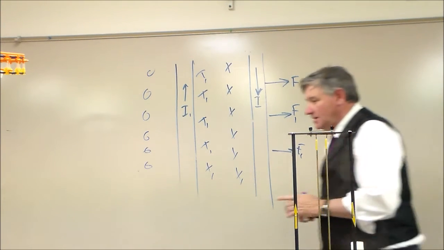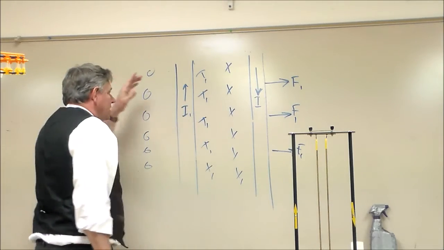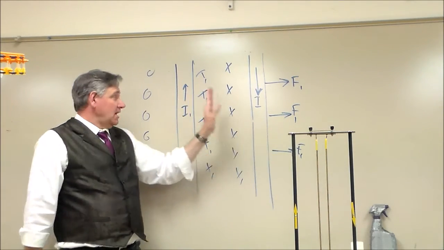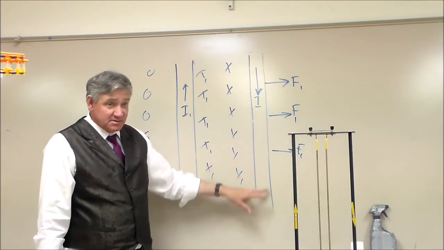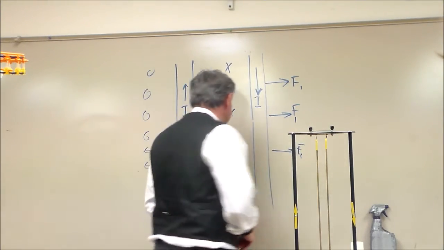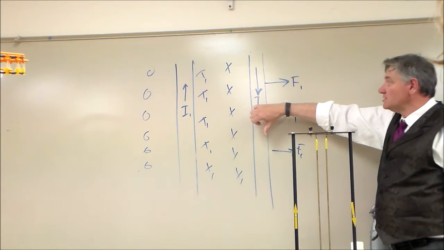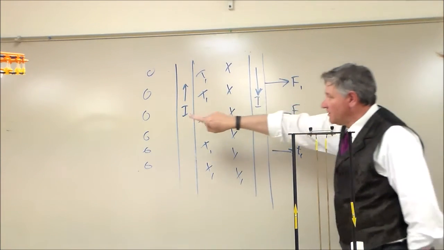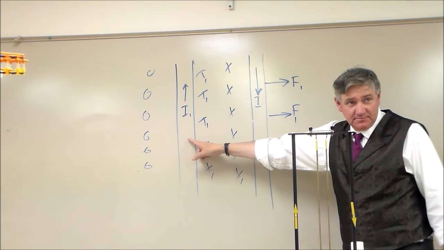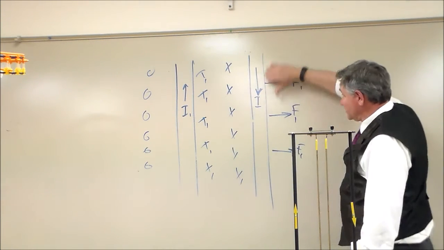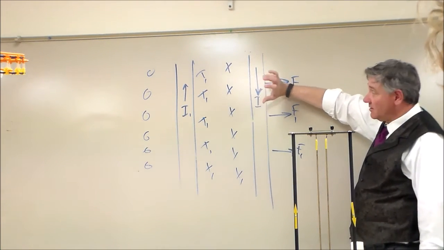Now, let's talk about this one. Focus on this one. This current's coming down, right? Coming down like this. So what's going to happen to the magnetic field created by this one over here? Current's going down, so it goes in.